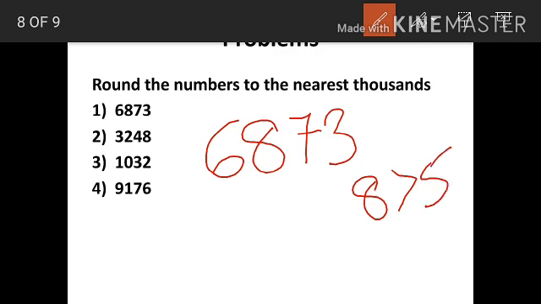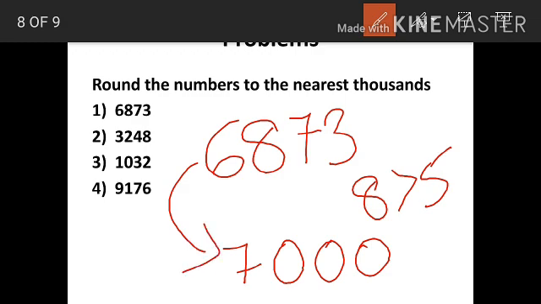So what we have to do? We have to add 1 to the thousands place. So 6 plus 1 will become 7. Now what about the rest of the places? It will be 0. So when we are rounding off 6,873 to the nearest thousands, we'll get the answer as 7,000.